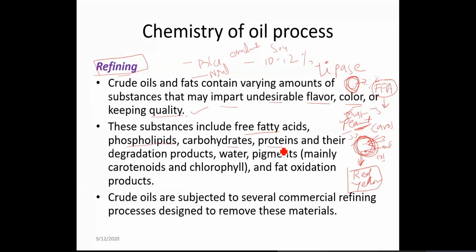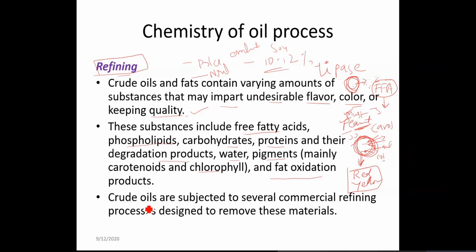The proteases will act on proteins and produce amino acids or smaller units, and their degradation products are produced. Then there is water. 10 to 12% of moisture is always present in the seed. Then there are pigments like carotenoids and chlorophyll, and especially when you have special seeds like sunflower seeds, safflower seeds or flax seed, there are different types of pigments that contribute to the color, and also natural fat oxidation which will take place because of the auto oxidation process.